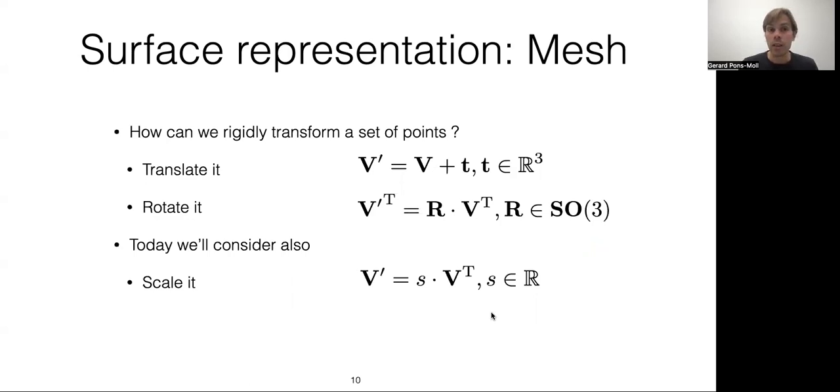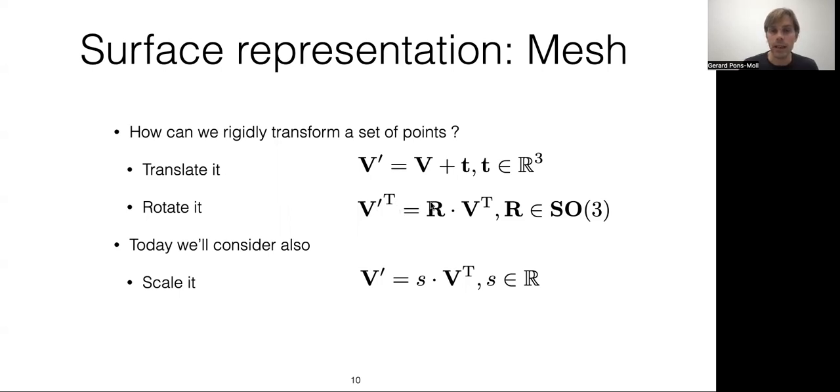So how can we rigidly transform a set of points? Well, hopefully this is not new to you. You can translate the points by adding a translation vector to each of the points, where here we have overloaded the notation a little bit. What you should understand by this is that you take the matrix V and you add a translation to each of the rows of this matrix. Or you can rotate it.